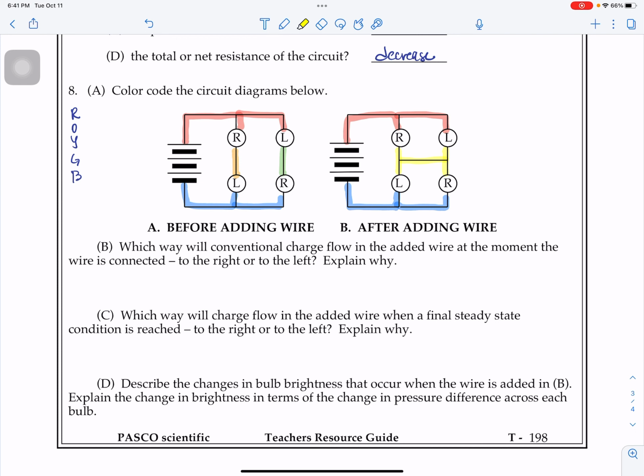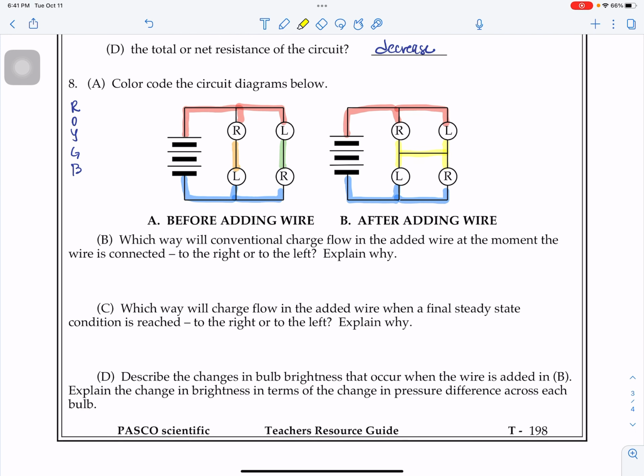Okay, B. So the flow in the added wire, the moment the wire is connected, I see that this is orange and this is green, and so the flow has to be to the right. This way, because it's lower pressure.